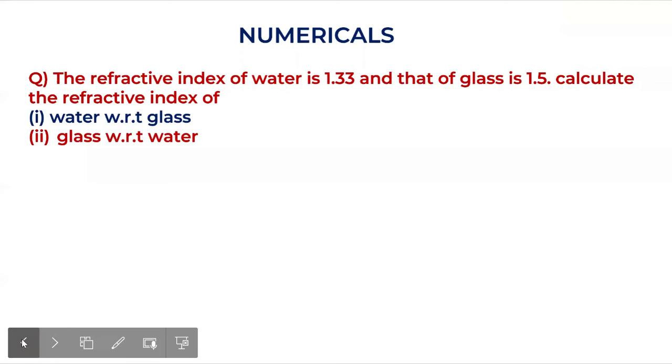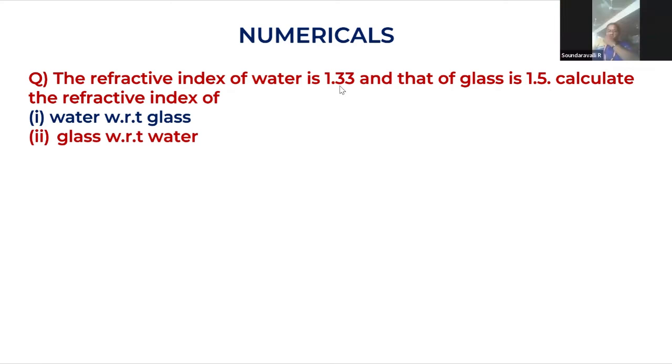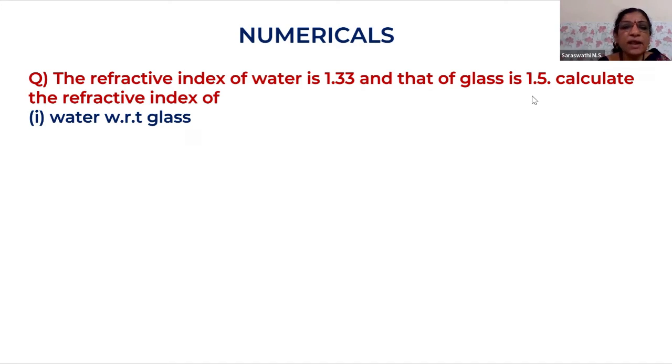So water will come on top, divided by the refractive index of glass in the bottom. So 1.33 is the absolute refractive index of water and for glass it is 1.5. So it will be 1.33 by 1.5, which will give you the refractive index of water with respect to glass. Am I clear? So what will it be for glass with respect to water?